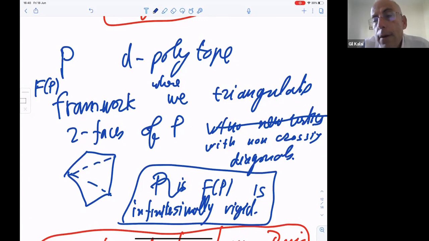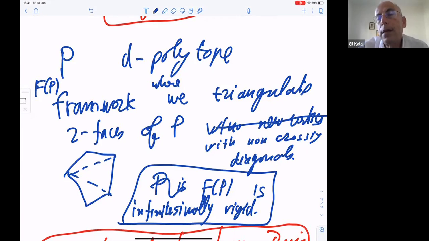And by induction, if you add all the edges among vertices of a facet, of a d-1 dimensional facet, then if the resulting framework is infinitesimally rigid, then the original framework is infinitesimally rigid, because you only added edges which belong to the circuit of the infinitesimal rigidity matrix. So the first step is to add many more edges between every two vertices which belong to the same facet.